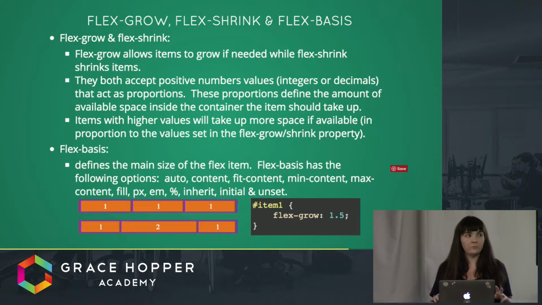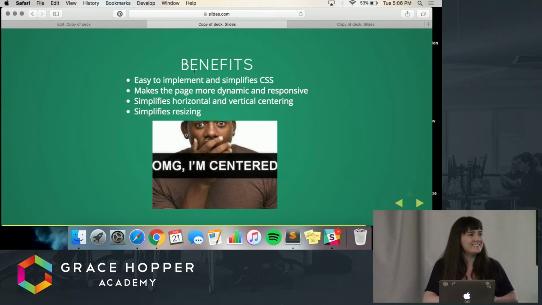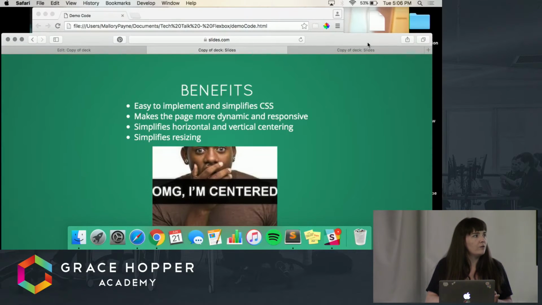So if you have available space in your container and you have a particular element that has a flex grow value that is maybe 2, then it's going to be twice as big as the other elements if you give it the space. And flex shrink is the opposite. It'll shrink.